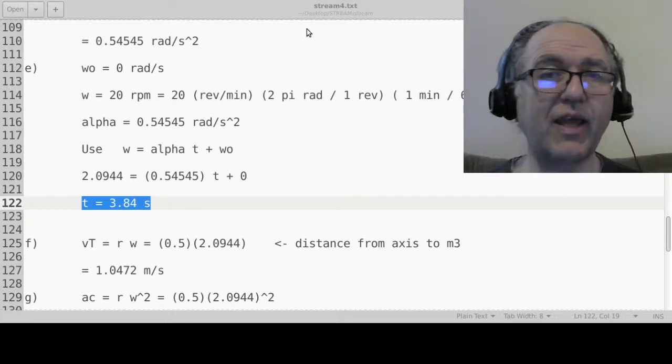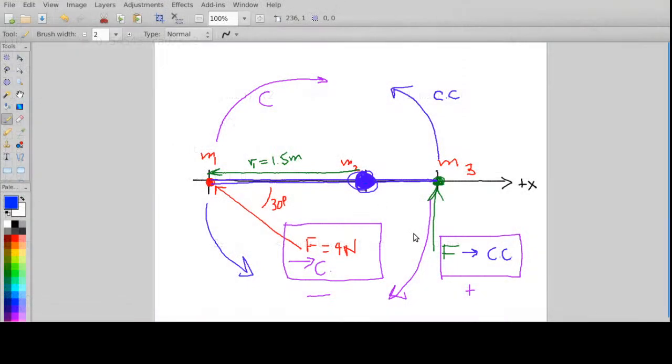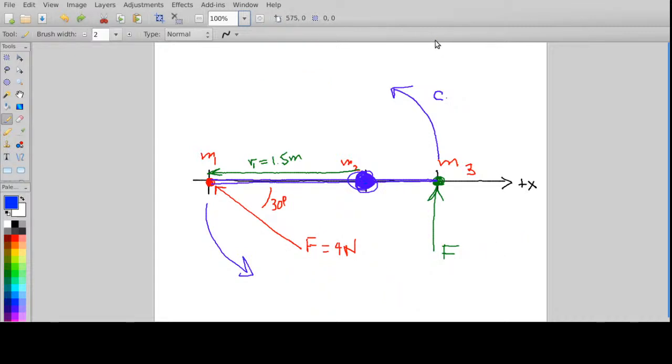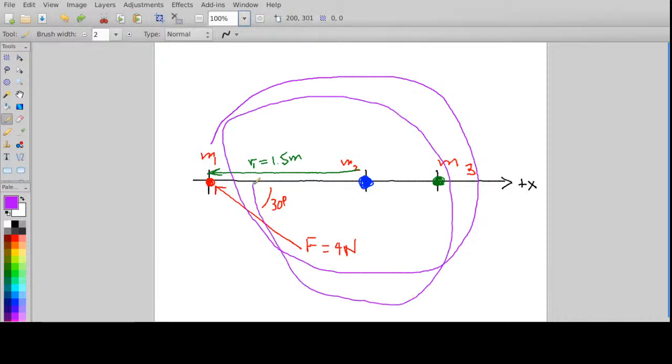All right, so what thing are we looking at? Let me switch back to that diagram to show you. It's a little bit messy now, but let me clean out some of the stuff here. There we go. All we have is that 4 Newton force there, and what happens is this thing starts to rotate, and rotate and rotate like that.